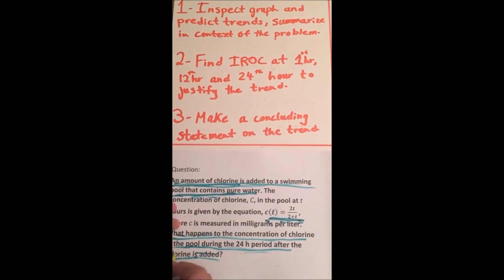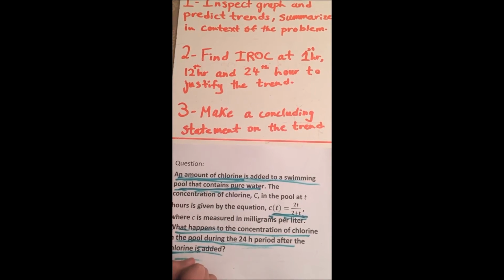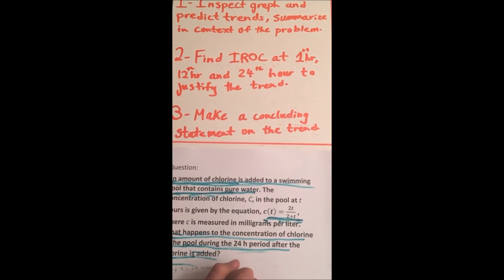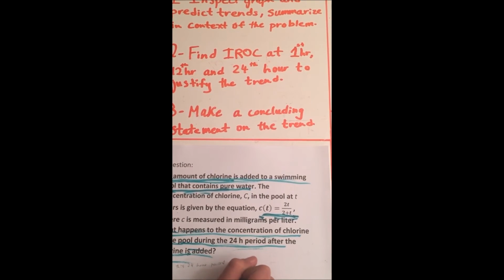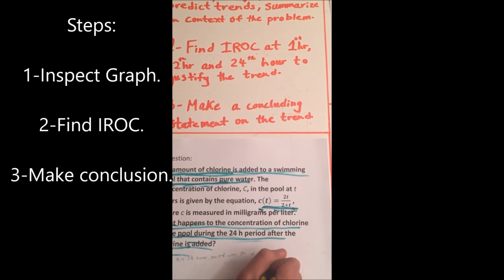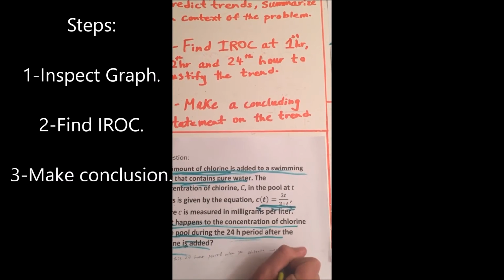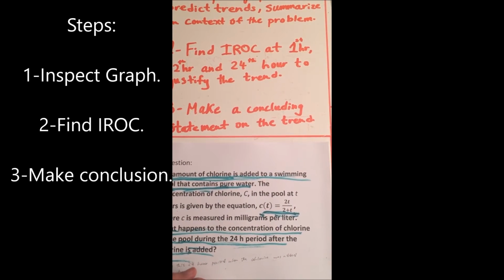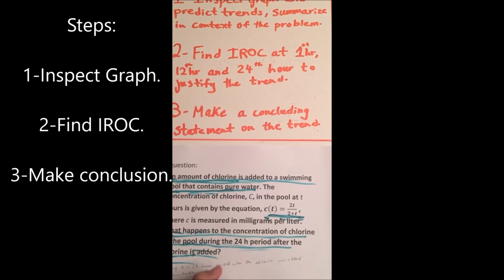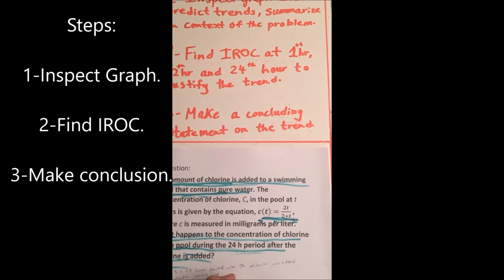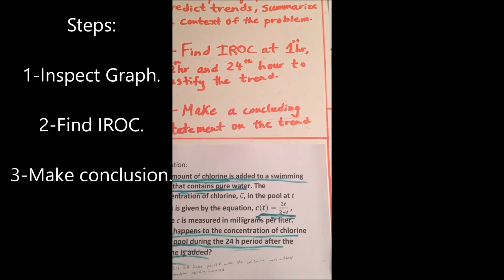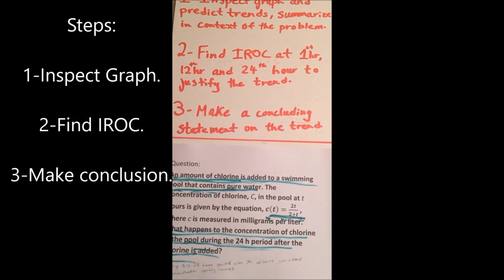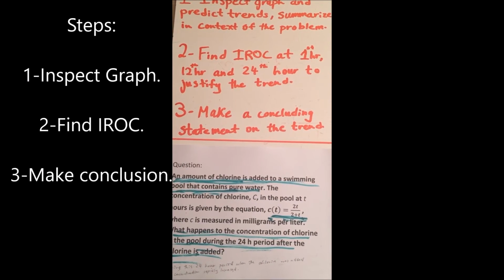So we can finally say, during this 24-hour period when the chlorine was added, the concentration rapidly increased. And as we moved closer and closer to the asymptote, which is 2, the concentration increased more slowly.